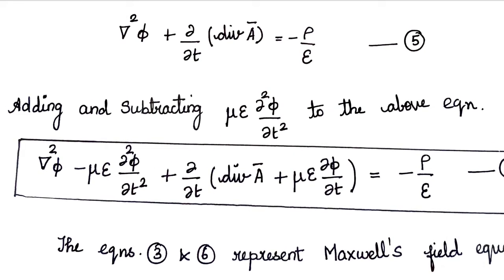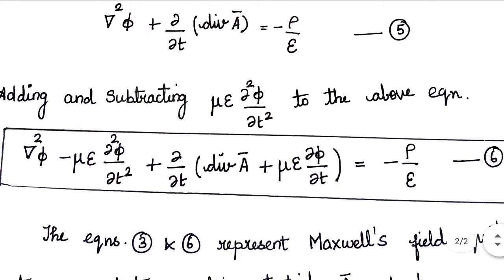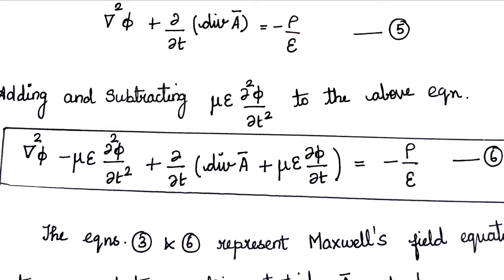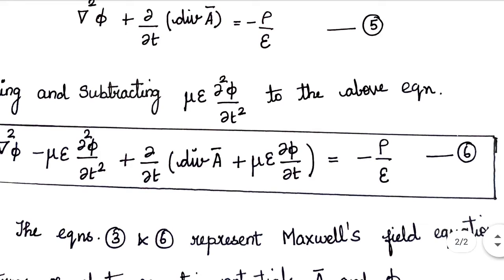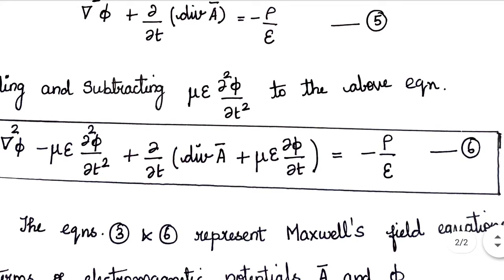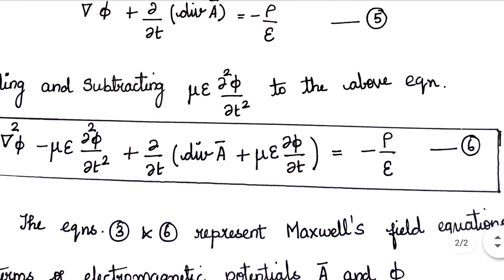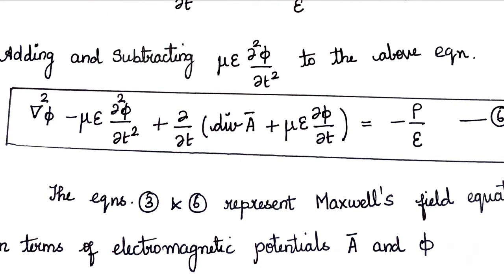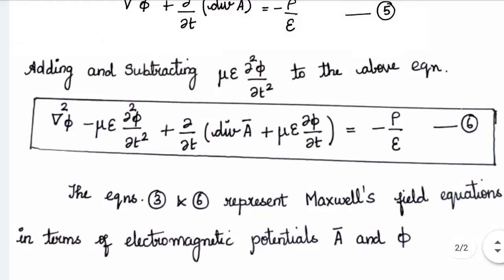So del square phi minus mu epsilon dou square phi by dou t square. The other term we have added to the second term of the fifth equation. So on taking the dou by dou t common from it, we get dou by dou t of div A plus that added term mu epsilon dou phi by dou t. On the right hand side we have minus rho by epsilon. So we got an equation in terms of the scalar potential or scalar function phi.